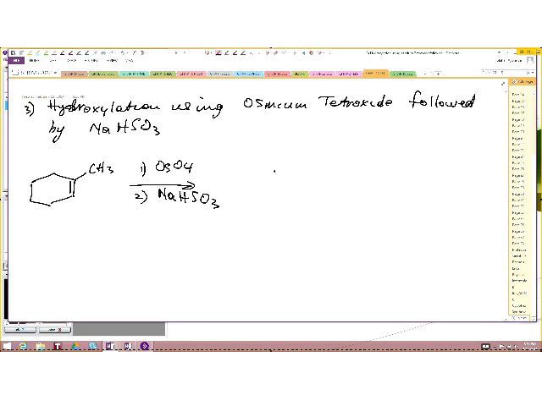So in this case, this will add hydroxy groups across the carbon-carbon double bond, two hydroxy groups in a cis addition fashion. In other words, those two hydroxy groups will be on the same side of the molecule.